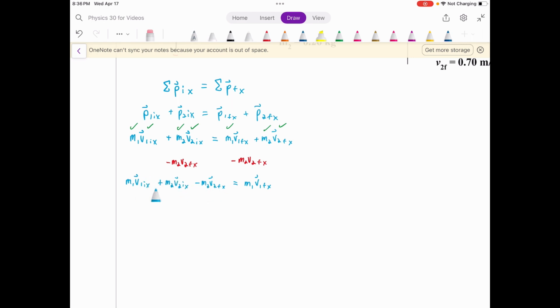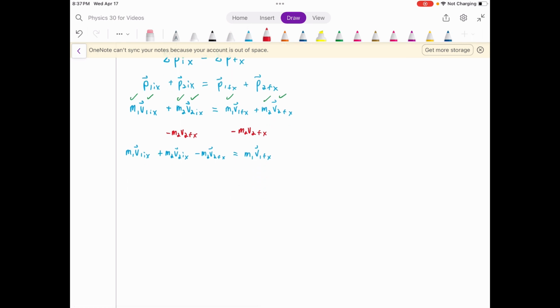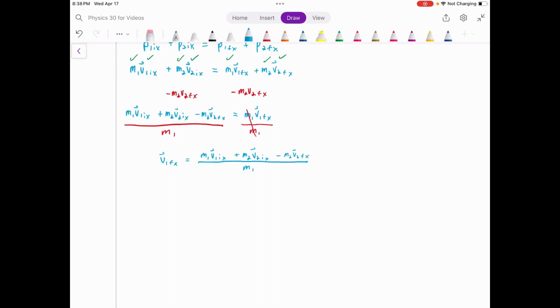Since we know the total initial had to equal the total final, if we take the total initial and subtract the momentum that ended up in object 2 in the x-axis, we should be left with the momentum that's in object 1 in the x-axis. Aha! Okay, almost there. Now it's being multiplied by mass 1, so we need to divide both sides by mass 1. Giving me that, and now it's just time to put in our numbers.